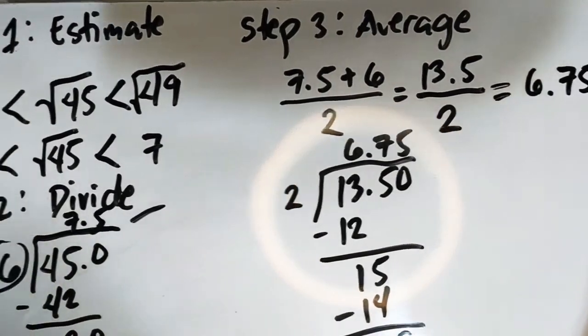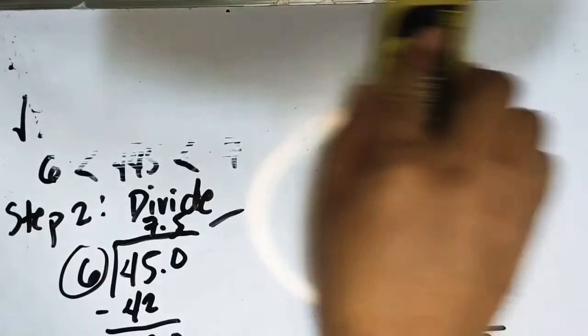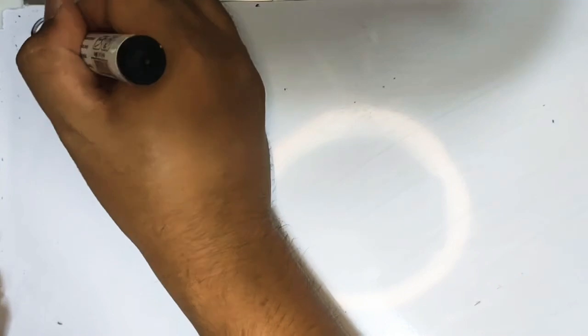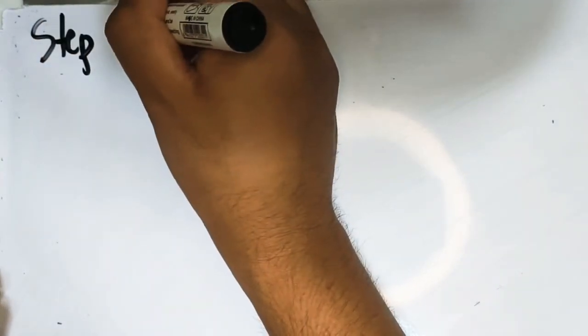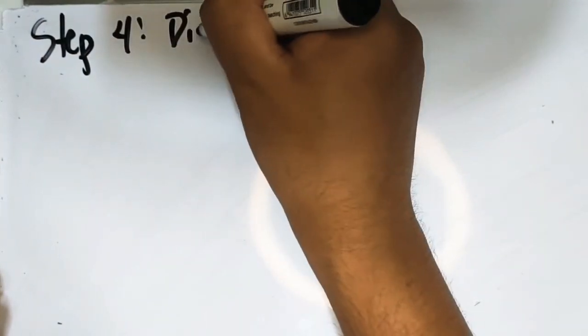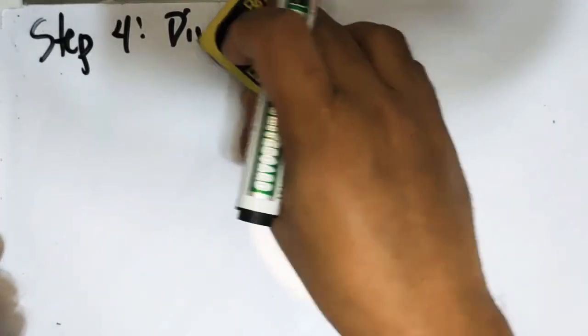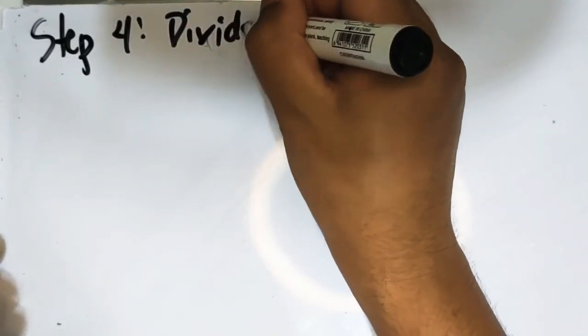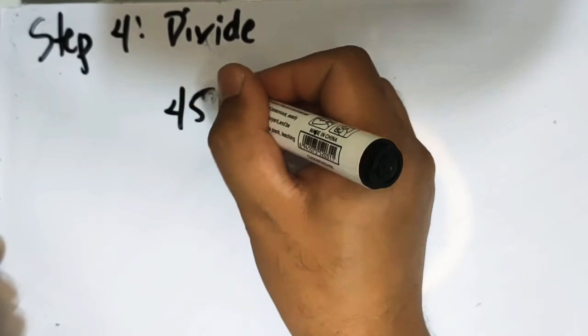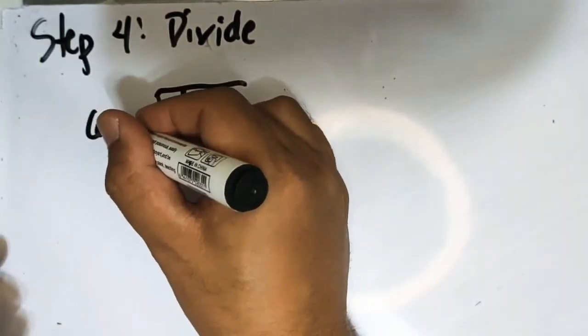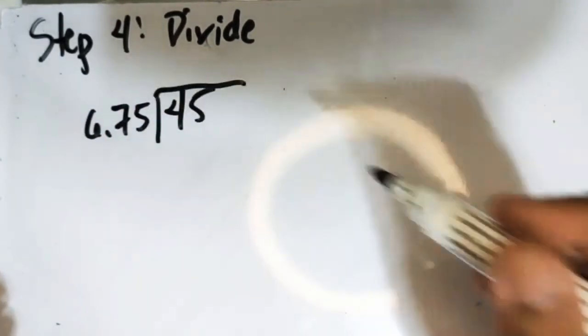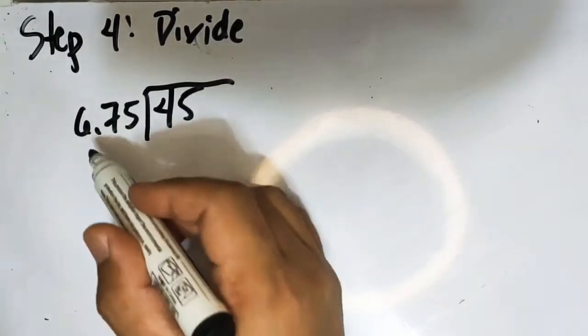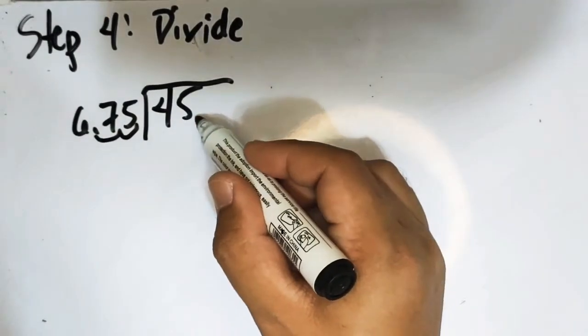So, let's erase this now. 45, 6.75. Step 4. Divide. 45 divided by 6.75. Okay, so meron tayong dalawang decimal place. So, mag-move tayo ng dalawa din.